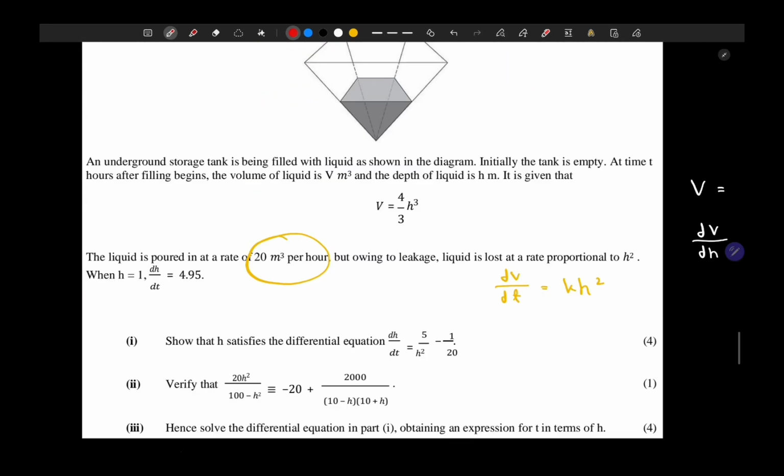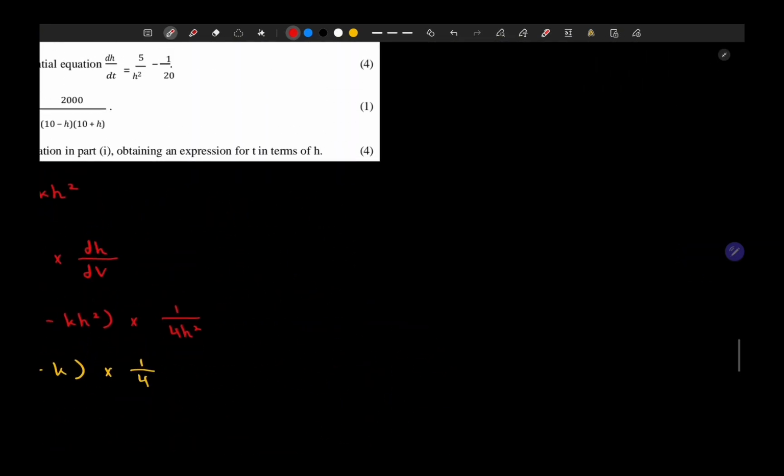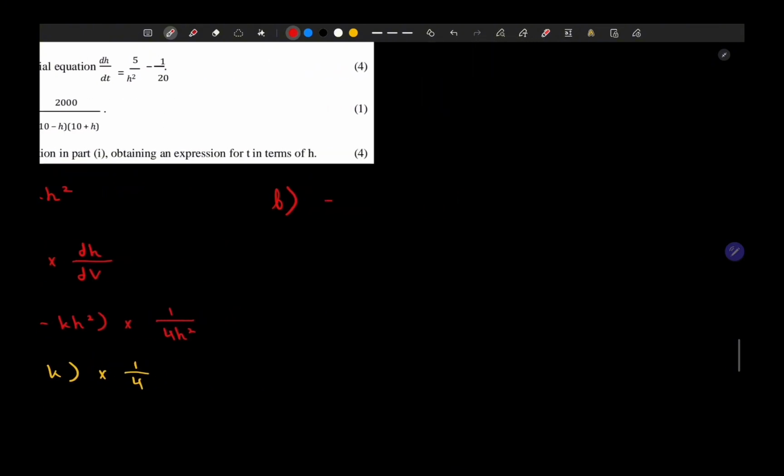This is part B. So minus 20 plus 2000 over 10 minus h and 10 plus h, I can write it as 100 minus h squared.